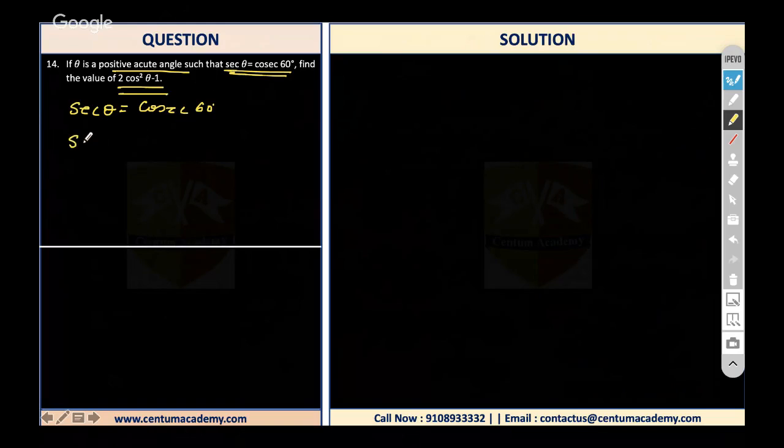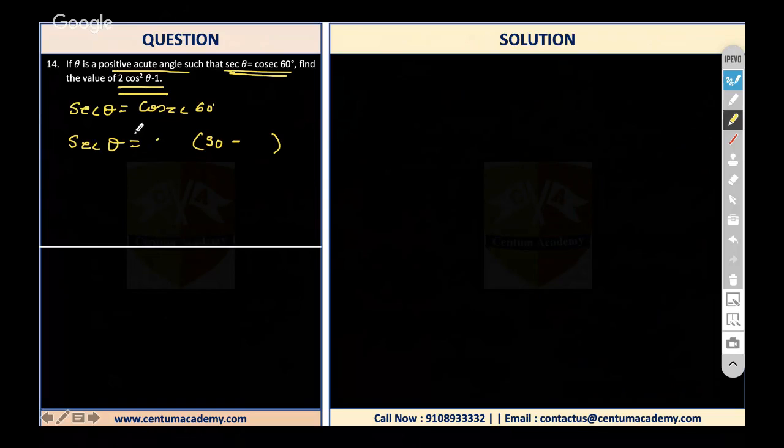That means you can write secant theta is secant (90 minus 60 degrees). Hold on. No. In such questions, you write the same function so that you don't make a mistake.